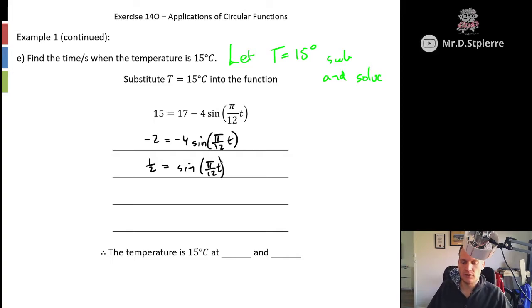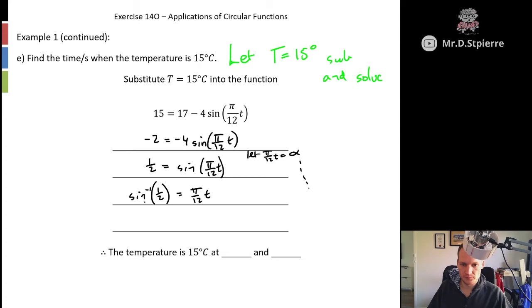Okay. Now you could do the full substitution, as in let pi on 12t equal alpha, and keep going with that method. That's completely fine, but the quicker method is to go, well, inverse sine of a half is equal to pi on 12t.